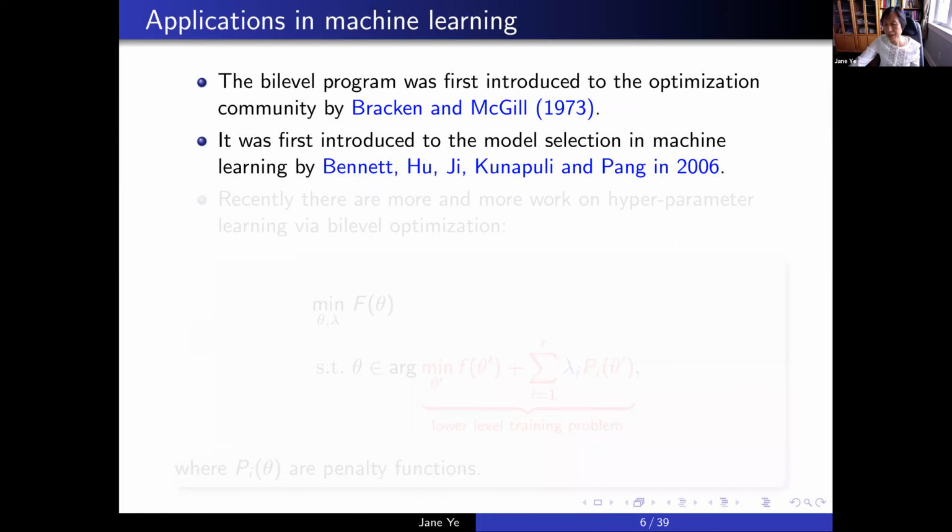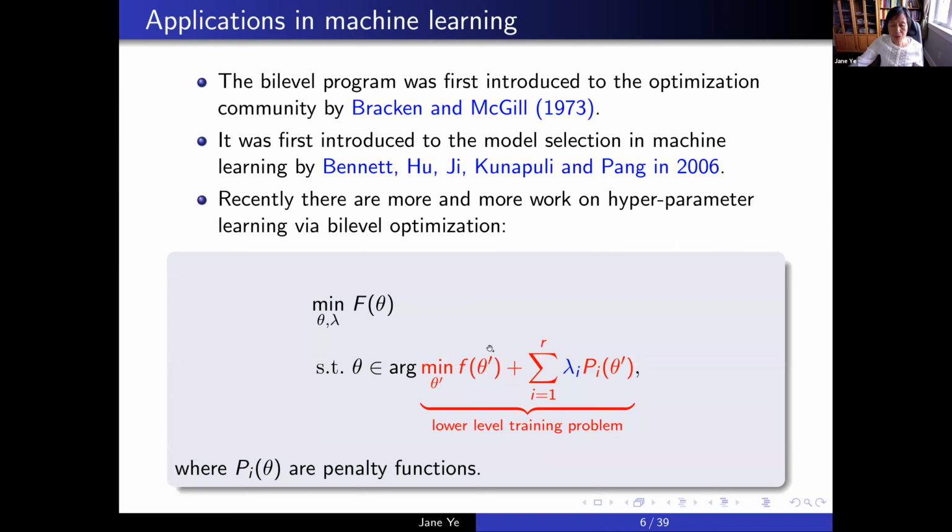And then in this big data era, in machine learning, people usually have this kind of optimization problem where you minimize some kind of loss function f, and then you add a regularization term, like a penalty term. Usually the penalty parameter lambda is fixed, and then you run this training problem to solve for theta. But actually, how do you choose lambda is very important, right?